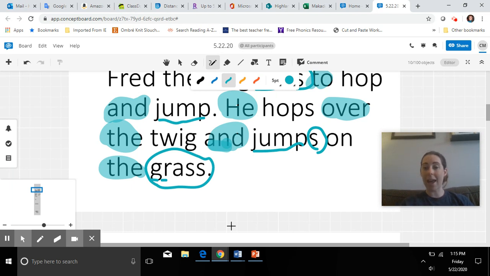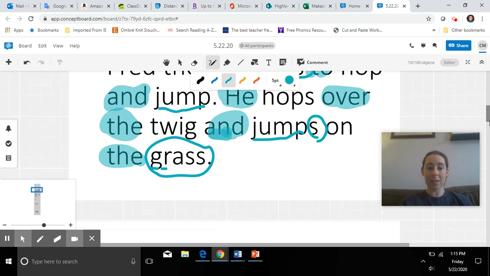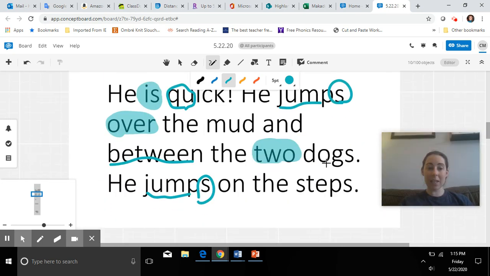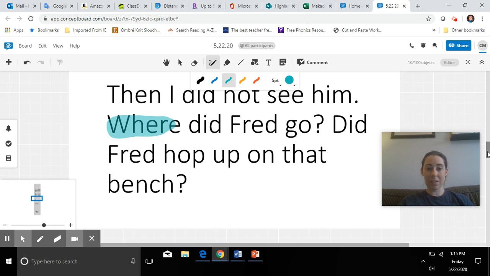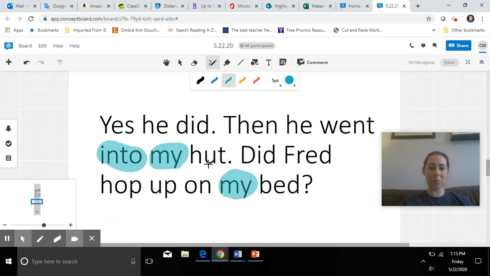Grass. That's right, he was in the grass. Then he was on some steps. Then he went into the hut.